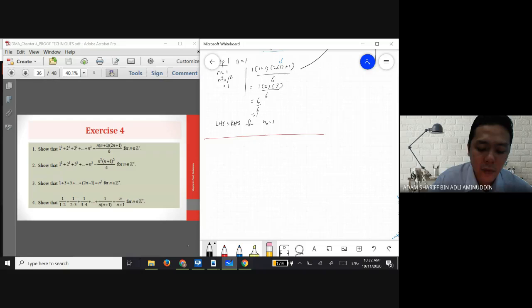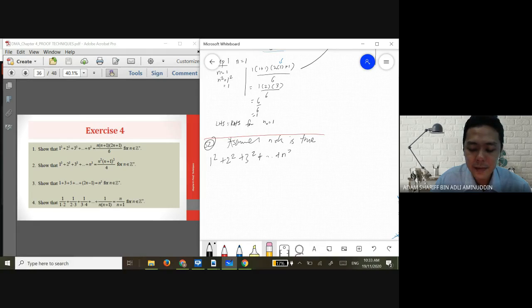Alright, for step 2, you need to assume that n equals to k is true. You don't prove anything, but you need to assume that 1 squared plus 2 squared plus 3 squared plus n squared. Okay, this time n equals to k, so you substitute n with k.